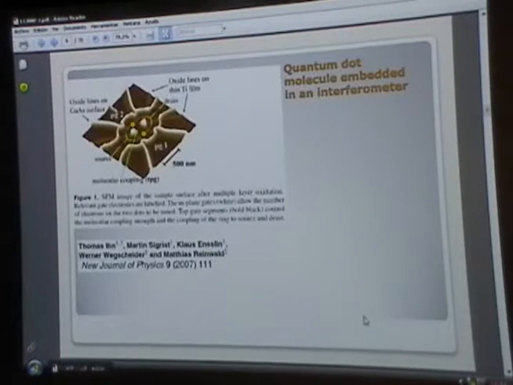These plunger gates are these two here that can control the occupancy of the electrons, how many electrons I have in each quantum dot. So these plunger gates allow you to keep constant the number of electrons, for example, in one quantum dot, and change the number of electrons in the other one.